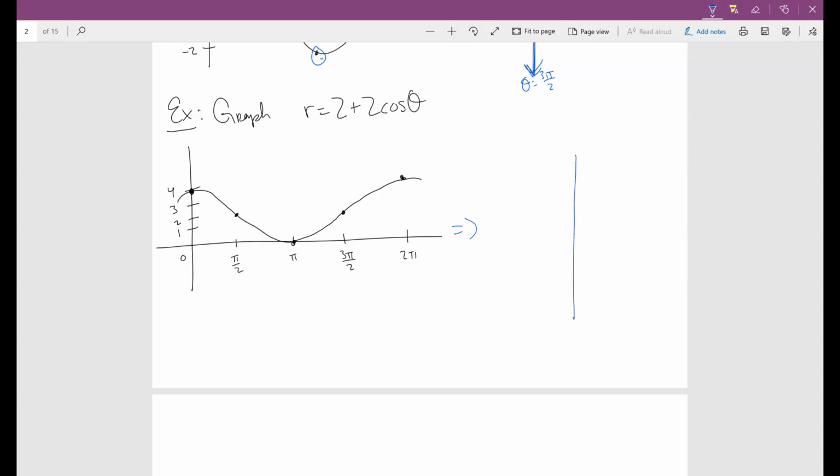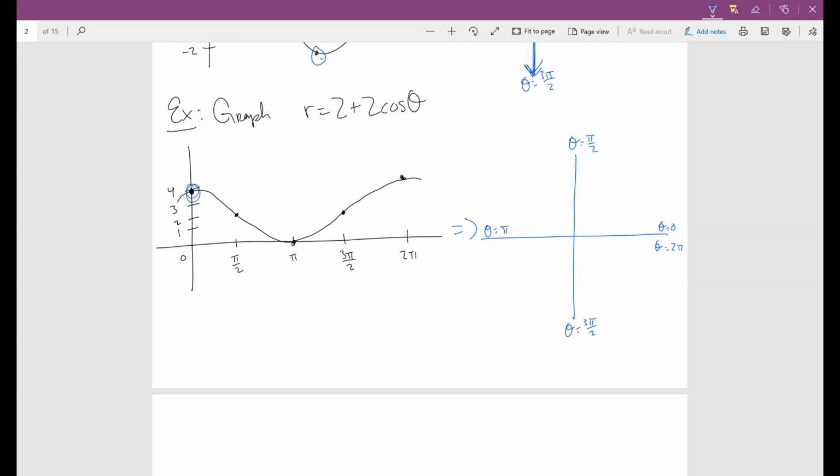Okay, now let's go ahead and graph it. So we're going to do theta equals 0, theta equals pi over 2, theta equals pi, theta equals 3 pi over 2, and then theta equals 2 pi. Okay, so we're going to start off with 0. Notice that this time it's not going to start at 0.